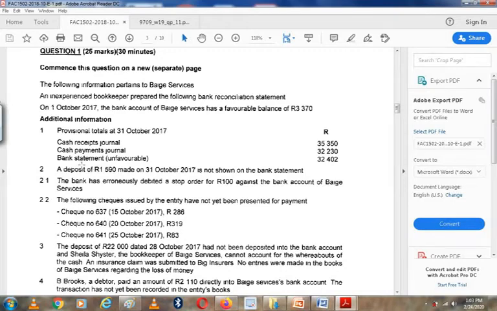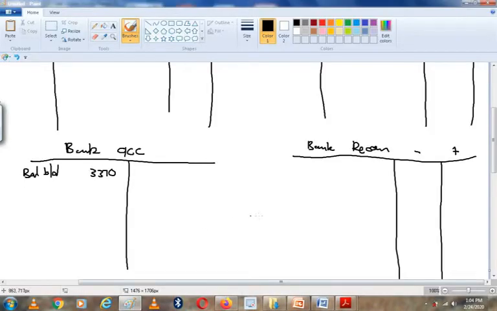Alright, bank statement unfavorable of 32,402. So the balance per bank statement will go to the bank recon. Remember, the bank recon is more like an extension of the bank statement.